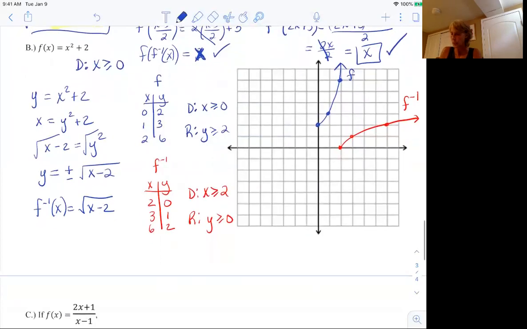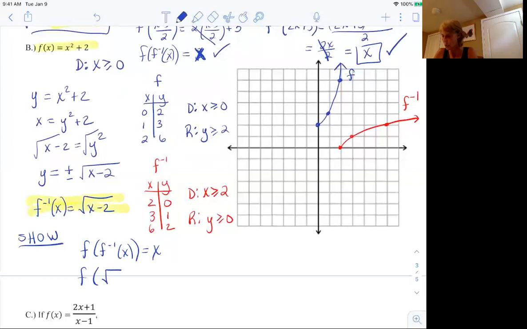And real quickly, I might just do one show. So I'm going to show f of f inverse of x equals x, right? I'm just going to show that one, even though technically you should show both, but it's just a very repetitive thing. So I'm plugging my inverse, which is the square root of x minus 2, into my original function.